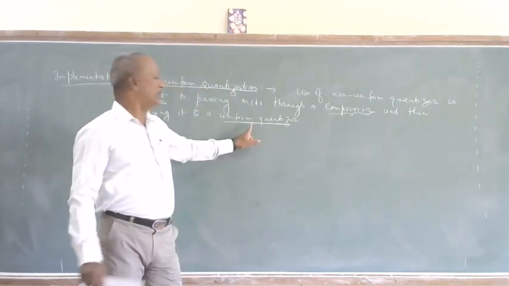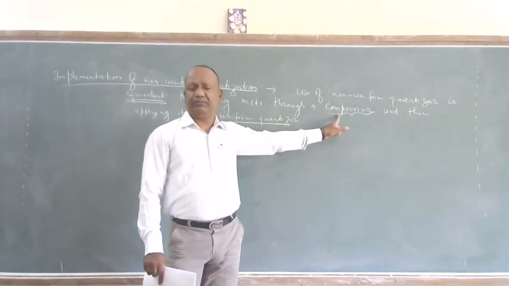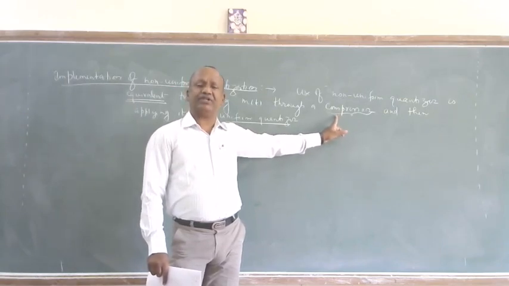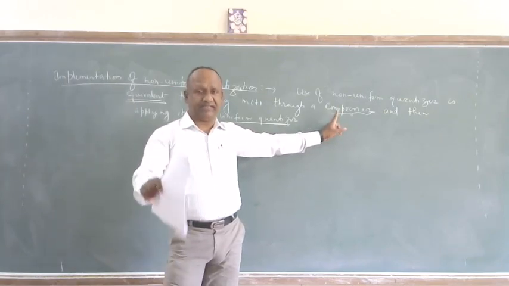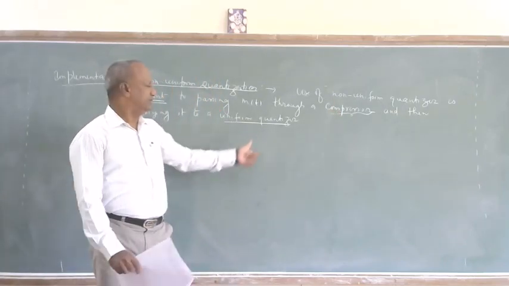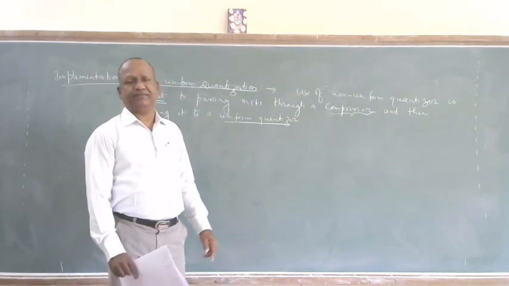Before uniform quantization, I compress my input m of t. After compressing the input m of t, I do the uniform quantization, which is called non-uniform quantization.